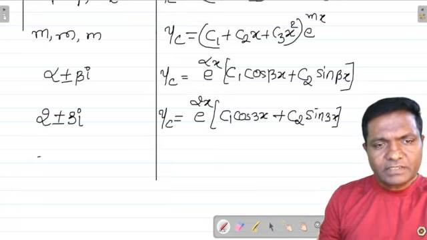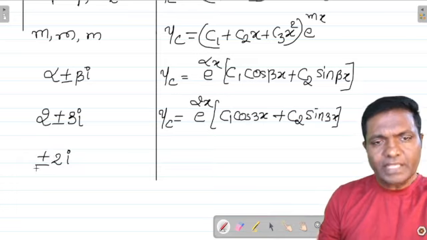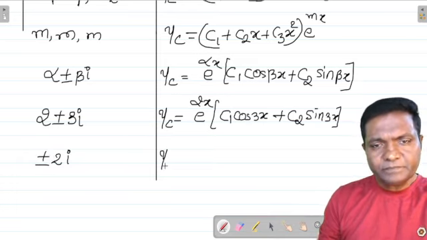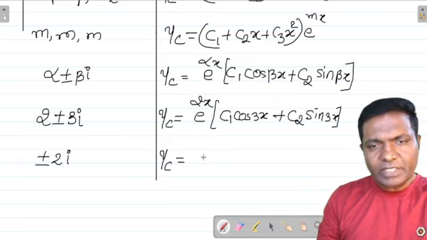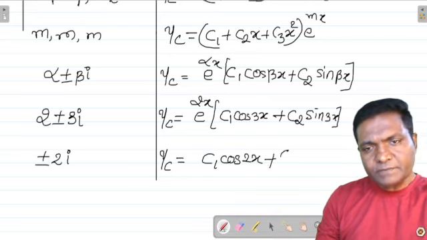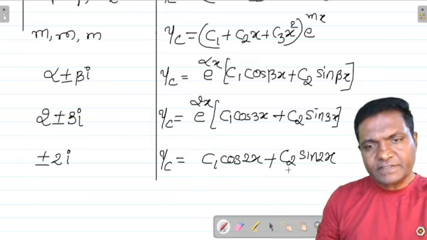If the roots are simply plus or minus 2i, here the real part is 0, so e power 0 is 1, so I can write only c1 cos 2x plus c2 sin 2x.